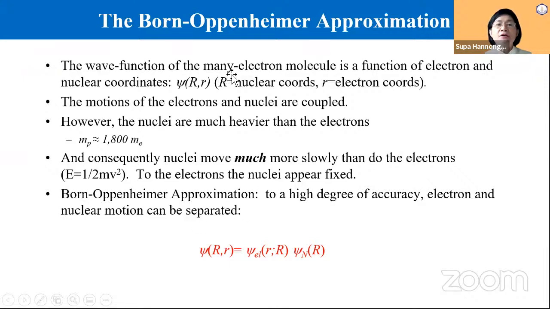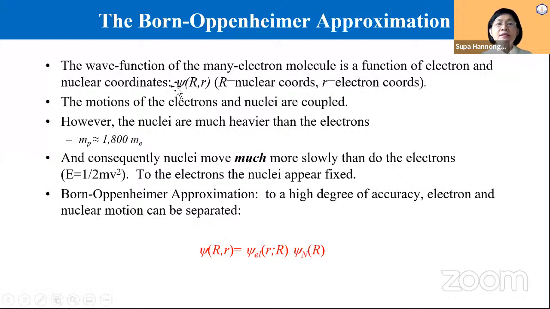And the wave function of the many-electron system is a function of electron and nuclear coordinates. Imagine that you have the nuclei and electron, and then you have the coordinates of the nuclei and the electron.